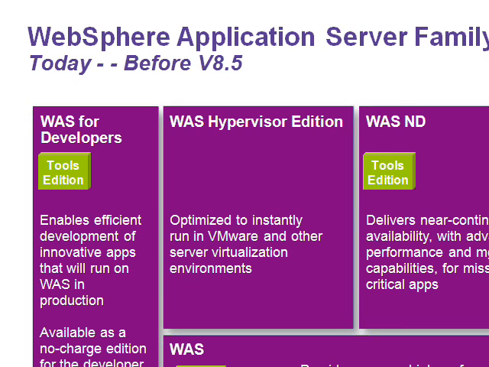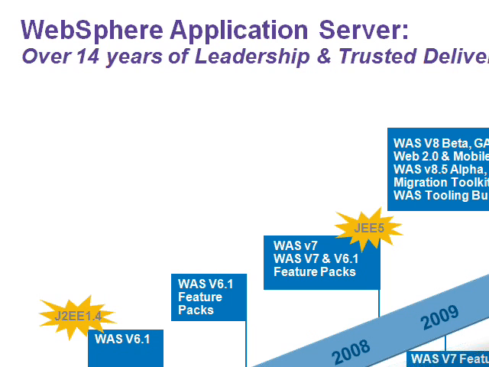Moving on, slide 7 is about the journey. We've had 14 years of leadership and trusted delivery with the application server. We're not going way back into history, but we'll start from about 2005, 2006, which saw the release of WAS 6 and 6.1.